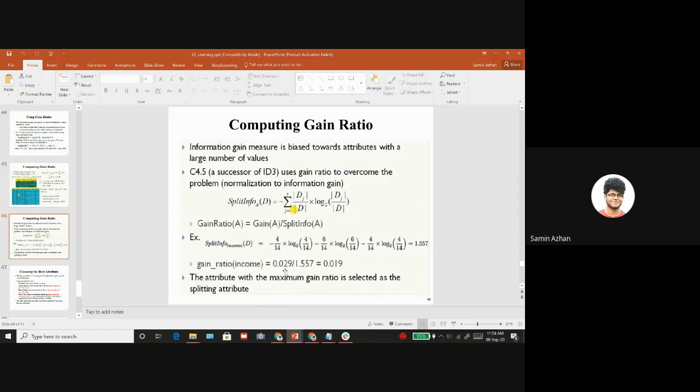If we put that in the equation, we get the ratio. This time we'll be looking at the ratio instead of the information gain. The attribute that has the maximum gain ratio will be selected as the root node, and so on for the next node.